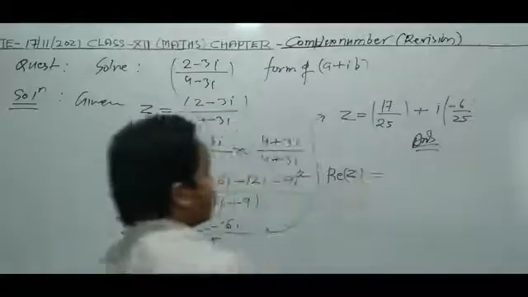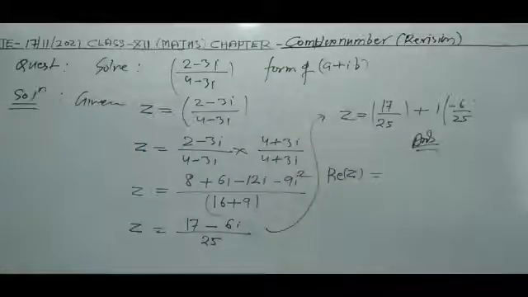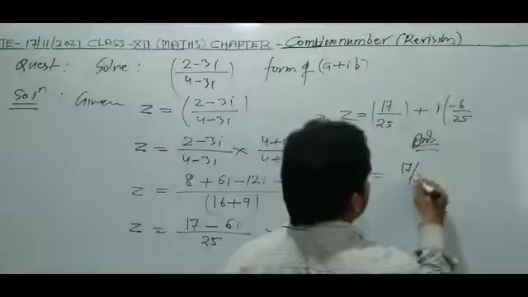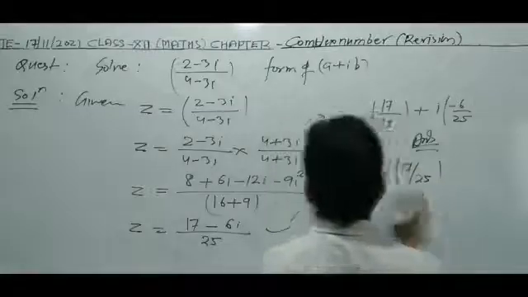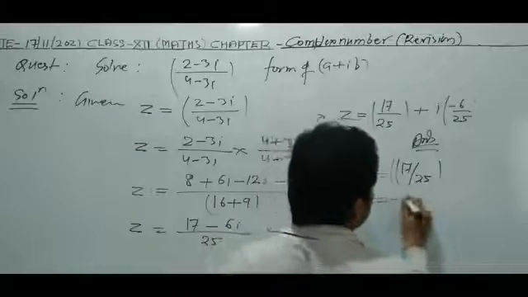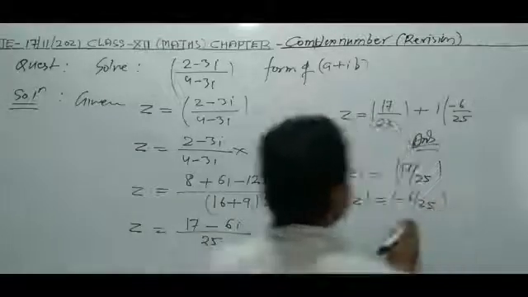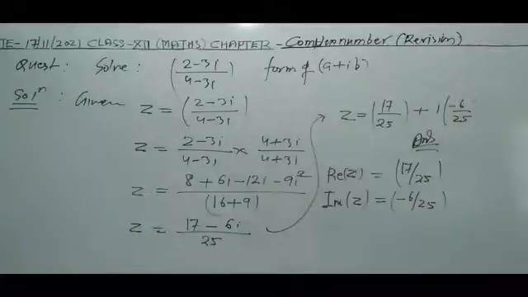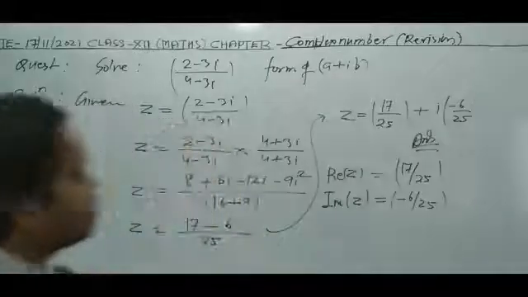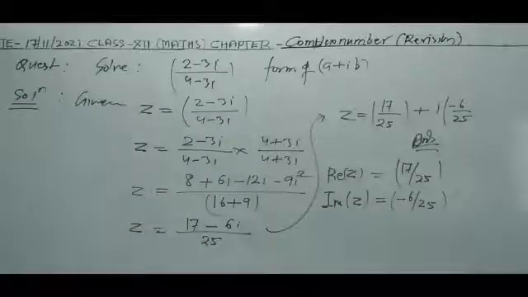Real part of z is 17 by 25. And now suppose the imaginary part of z, the result is minus 6 by 25. This is the real and imaginary part. Now this question is completed.